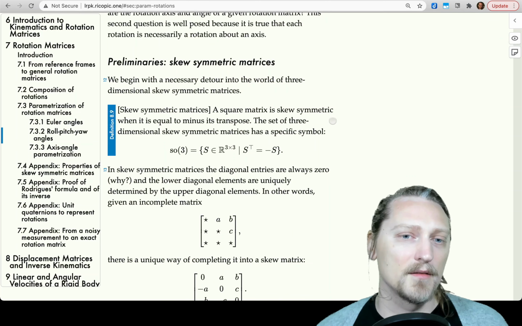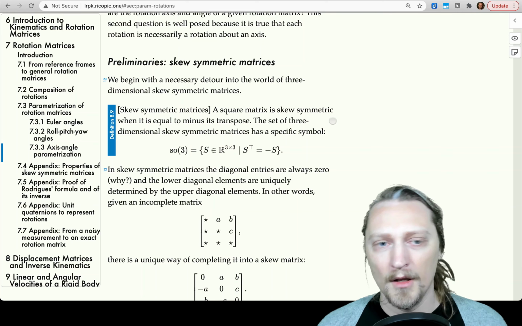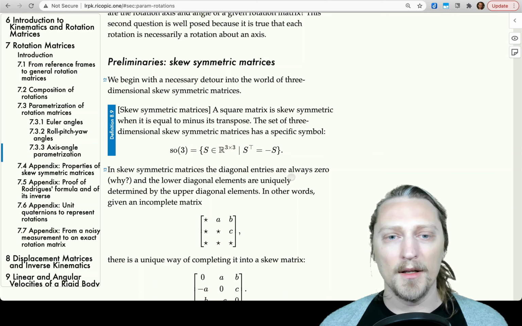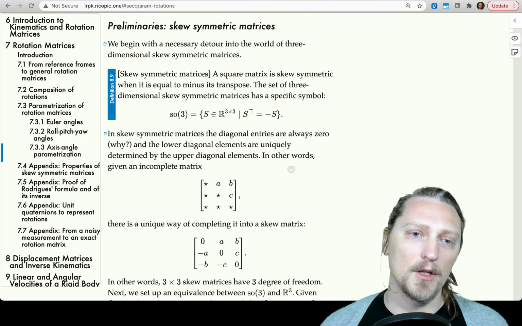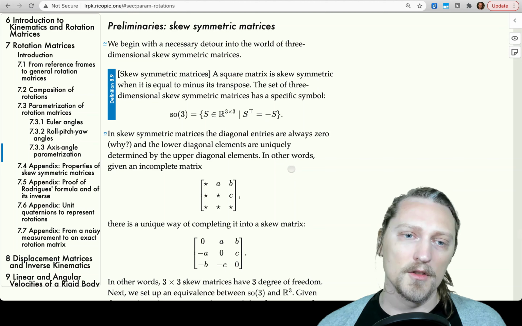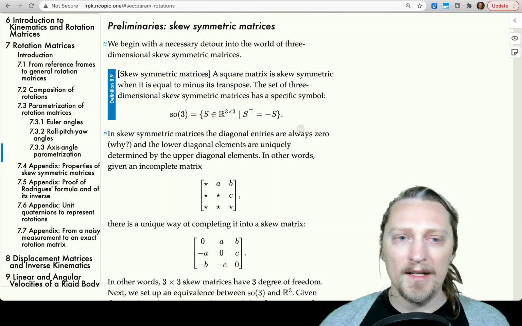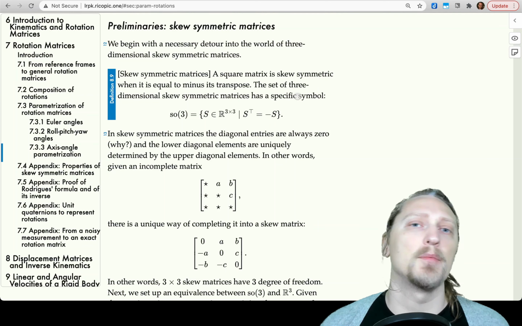Preliminaries: skew-symmetric matrices. Okay, we've got to learn a little bit of this mathematics before we can tackle this. We begin with a necessary detour into the world of three-dimensional skew-symmetric matrices. Definition 8.9 of a skew-symmetric matrix: a square matrix is skew-symmetric when it is equal to minus its transpose.